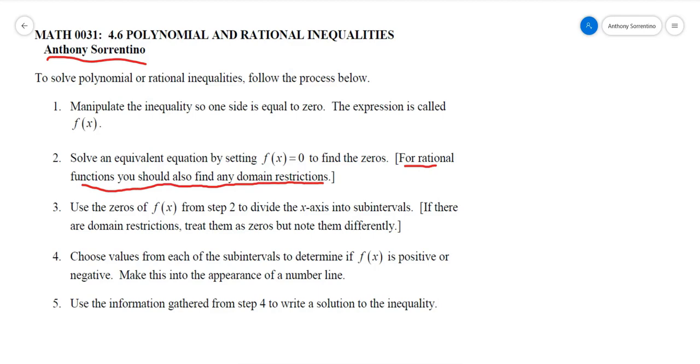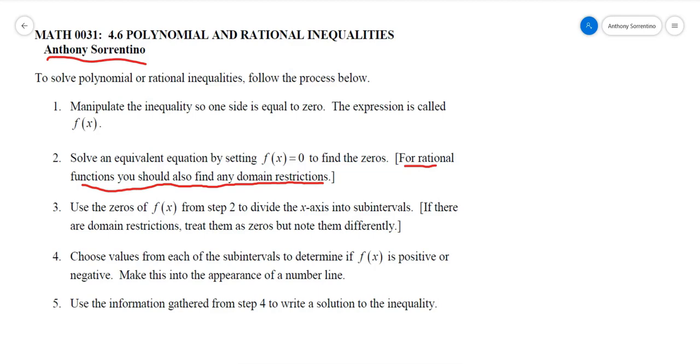The reason is, if you remember the procedure we did for absolute value inequalities, once we found our solutions, we would put those on the number line, and that would split my number line into however many regions or sections, and I would test values from each of those sections to determine what's going on with the inequality as a whole. We're going to be doing the same thing here.